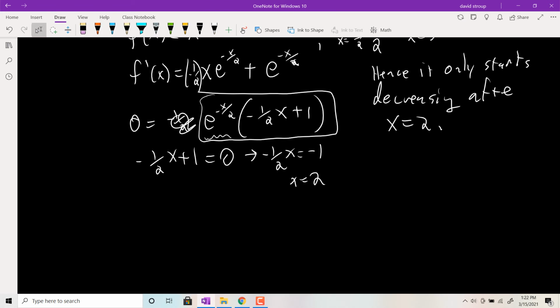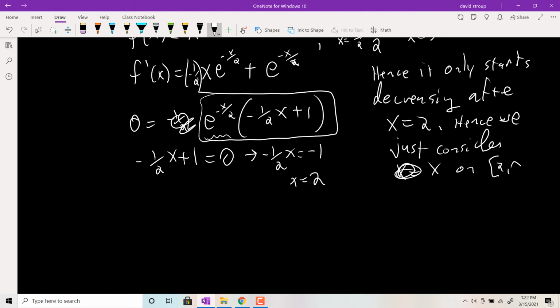So hence, we just consider that interval, and that'll be fine. X on 2 to infinity. Okay. Right.